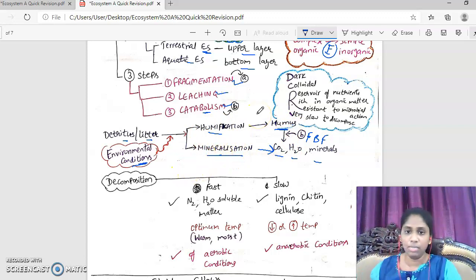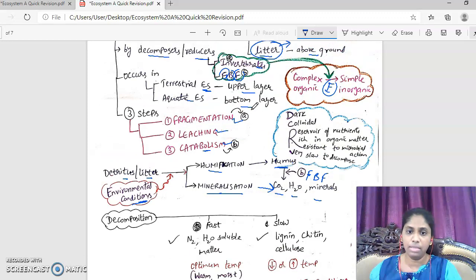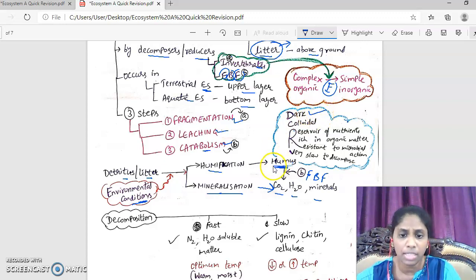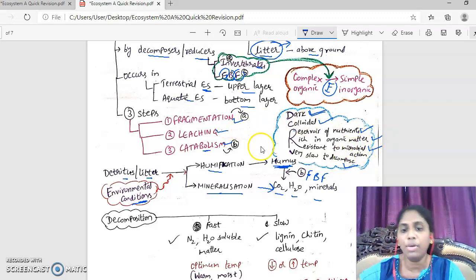Now, let's see what humus is all about. Very important point. Humus is dark. Humus is colloidal. Humus is the reservoir of nutrients, rich in organic matter and resistant to microbial action. It's very slow to decompose. Very important point, children.